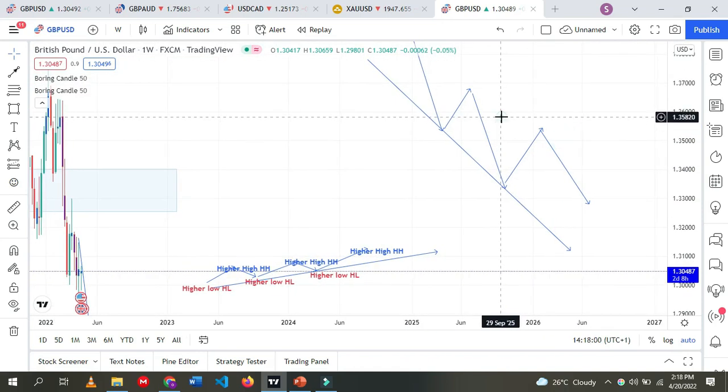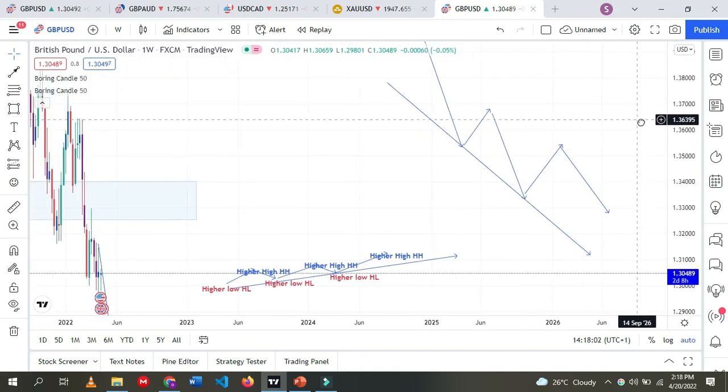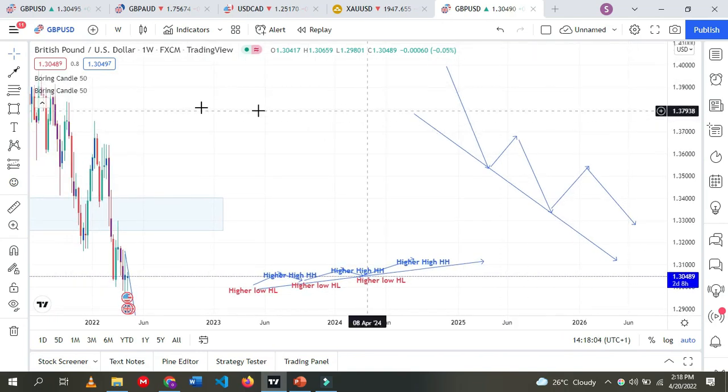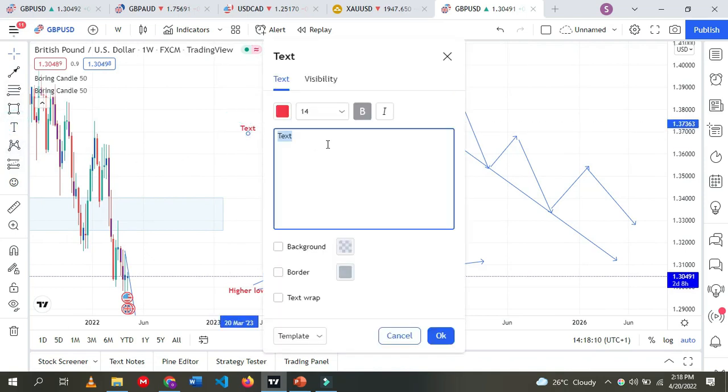This is an example of a downtrend. This is a lower high. Let me label it. Lower high.